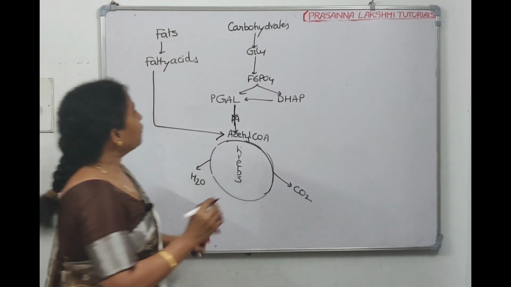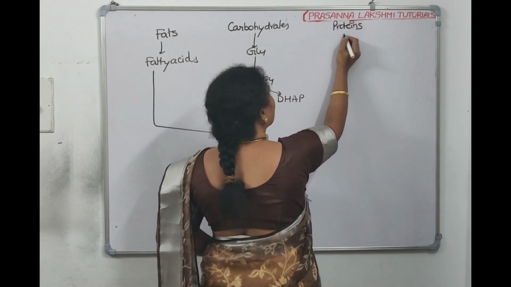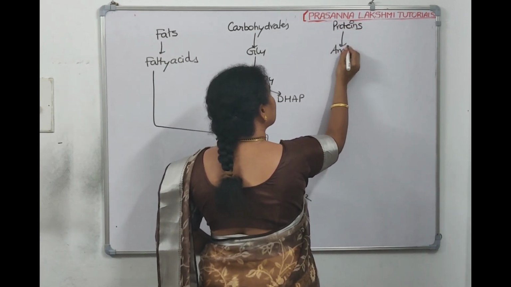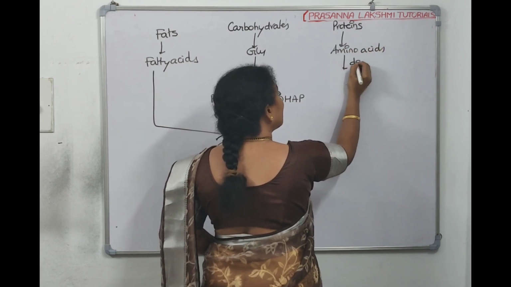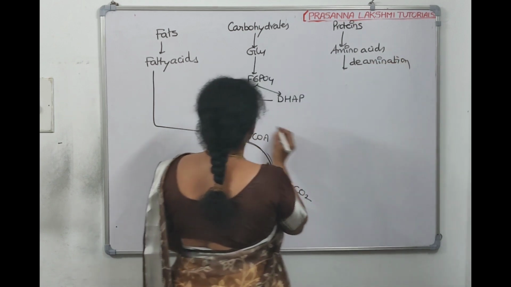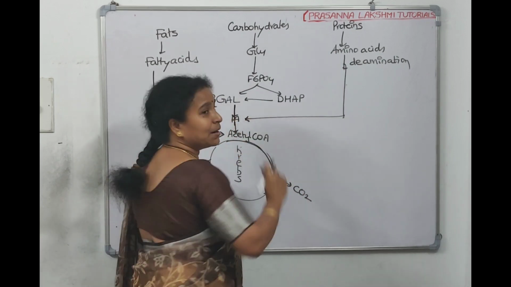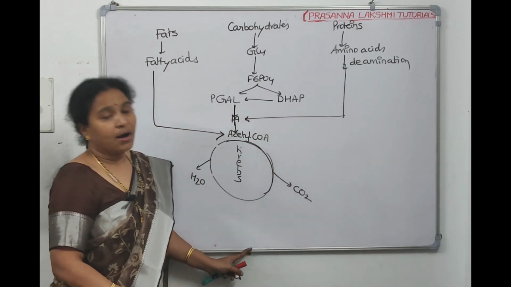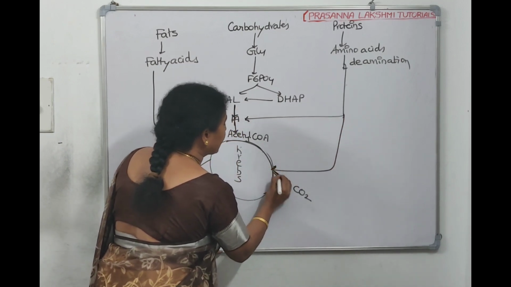So then if you take protein, proteins are broken down to amino acids. Amino acids, if you do deamination, remove the amino group, they can become pyruvic acid, or they can become any of the intermediates of the Krebs cycle.